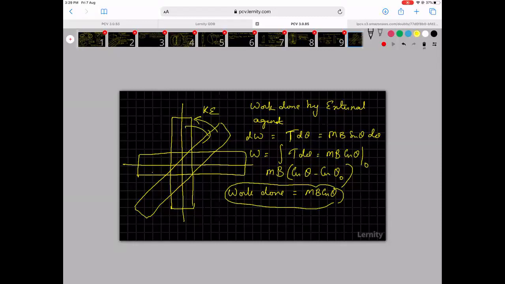We will say it is the potential energy of the magnet-environment system, or the field-magnet system, because potential energy is spoken of only for conservative fields. We don't speak of potential energy for non-conservative fields.